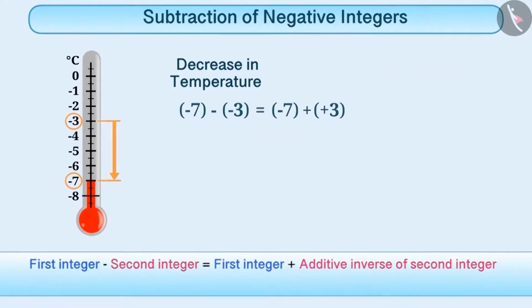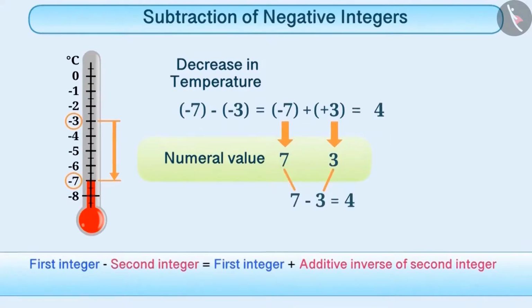In order to add +3 to -7, first, we will subtract the smaller numeral value, that is number without sign, from the larger numeral value, and then we will put the sign of that number whose numeral value is larger. By doing so, we obtain the result -4. From the result, it is clear that the temperature has decreased by 4 degrees centigrade.